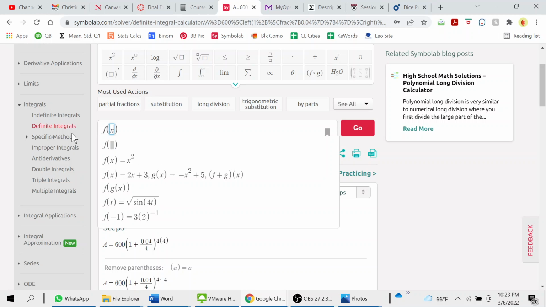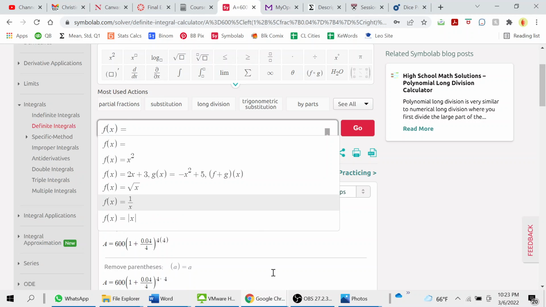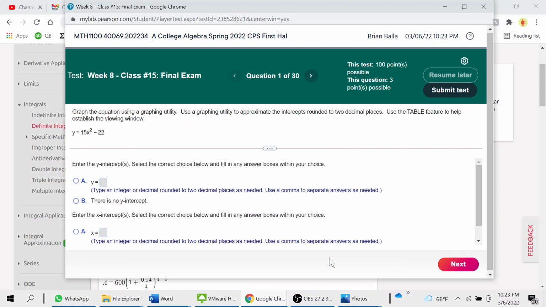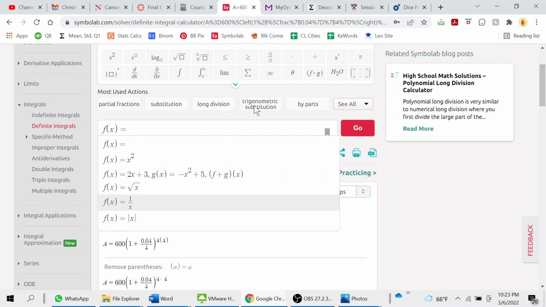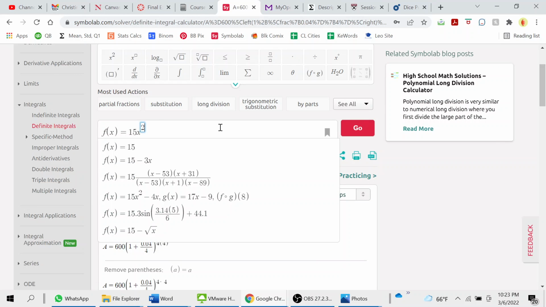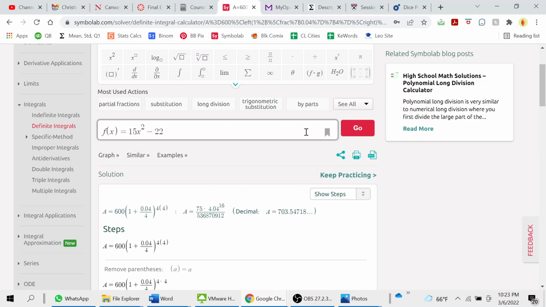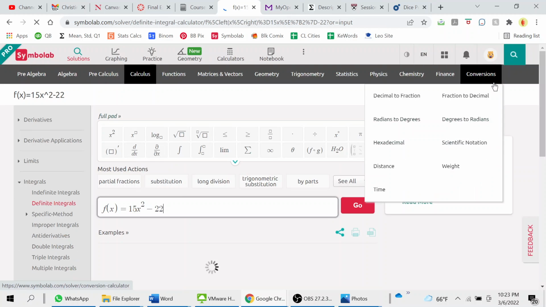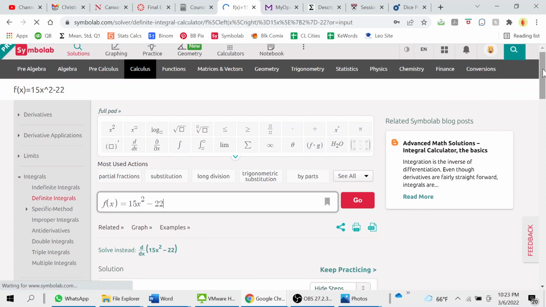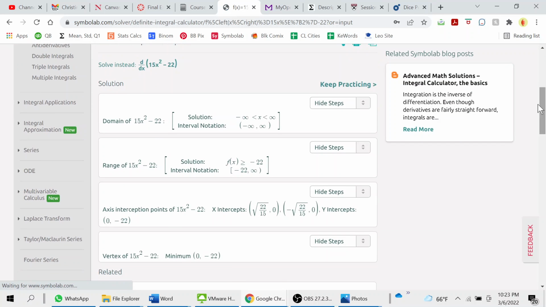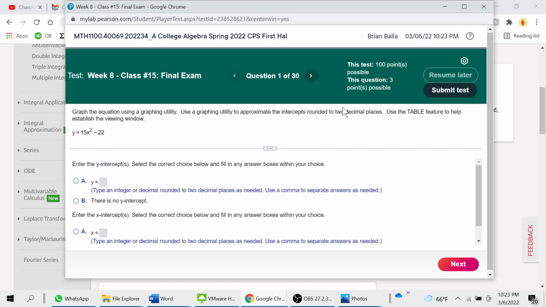F of x equals 15x squared minus 22. This is a software that I like to use in order to do simple calculations and math equations, so that I can save time and energy and ensure that the answers I get are correct.